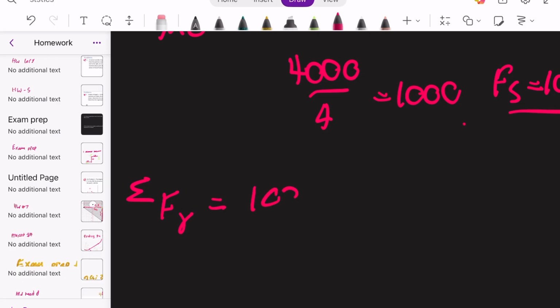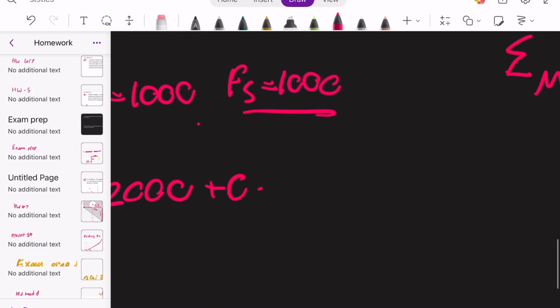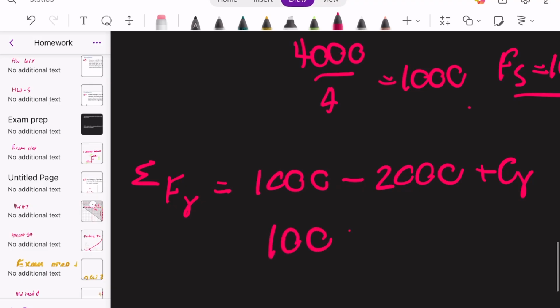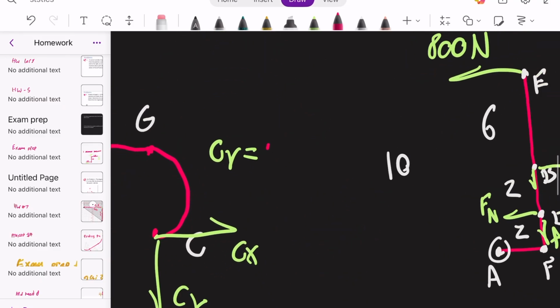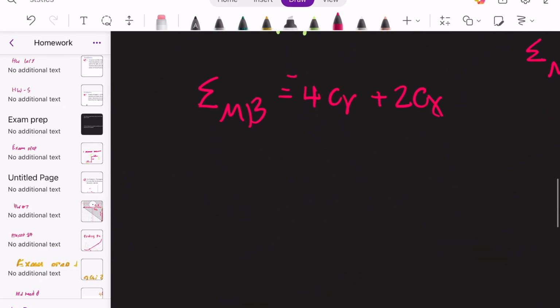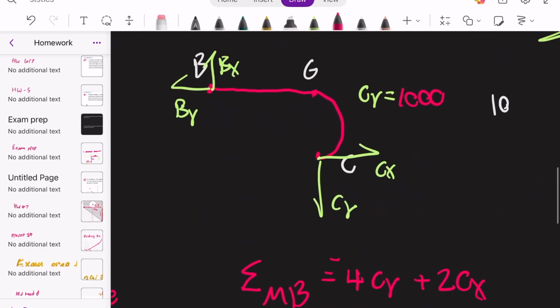Okay, so 1,000 for the force of static friction minus 2,000 for the weight plus Cy, and anybody could tell you that's 1,000 equals Cy. All right, Cy equals 1,000. Awesome. So 4,000 over 2 equals Cx. All right, Cx is 2,000, Cy is 1,000.